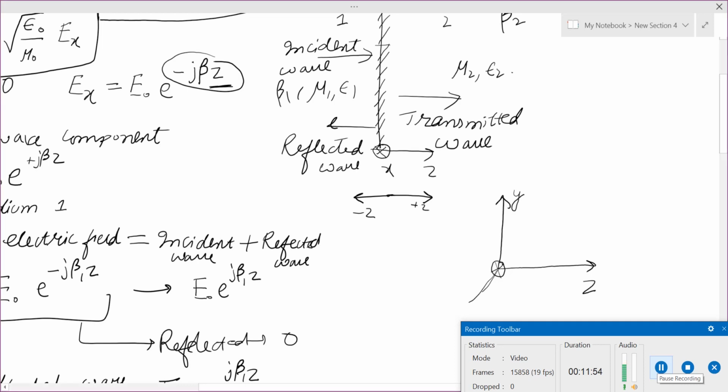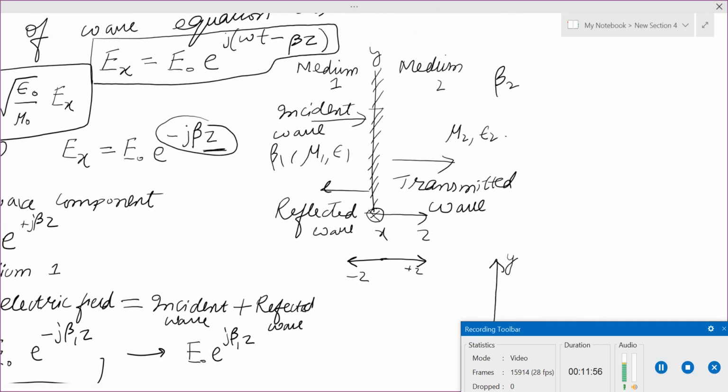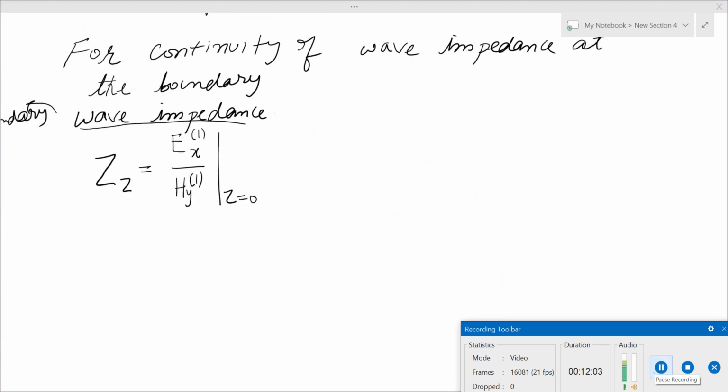So this is the diagram which we are considering. This point we are taking as z equal to 0, the boundary point. So far so good. Now we want to know what the wave impedance at the boundary will be considering medium 2, that will be Ex2 divided by Hy2, the impedance at medium 2.